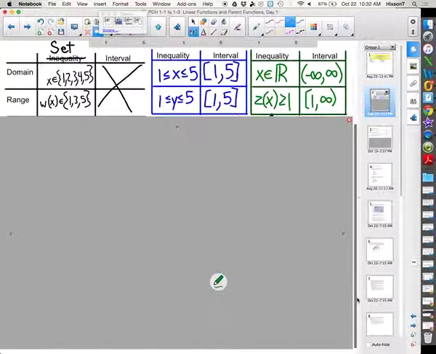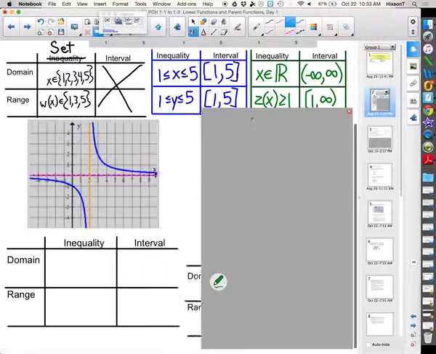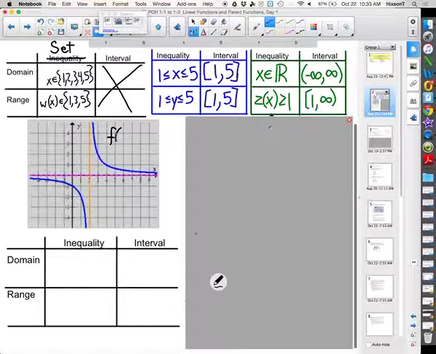Now, let's take a look at one like this. This is actually the function f of x equals 1 over x minus 2.